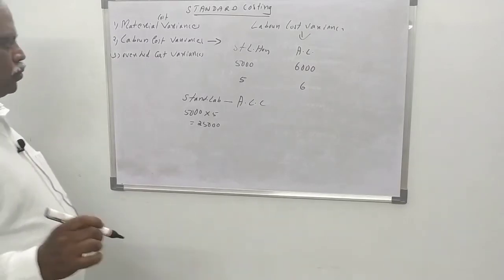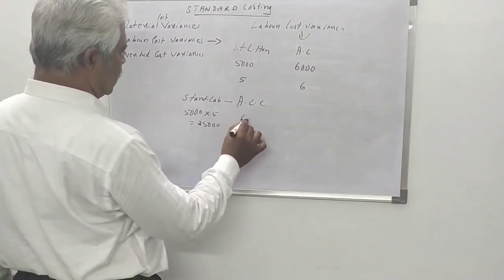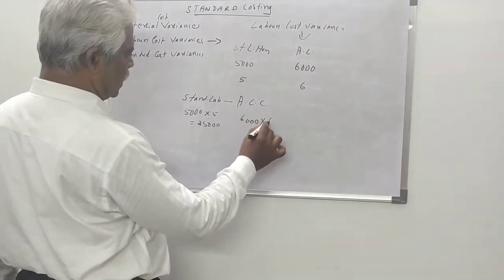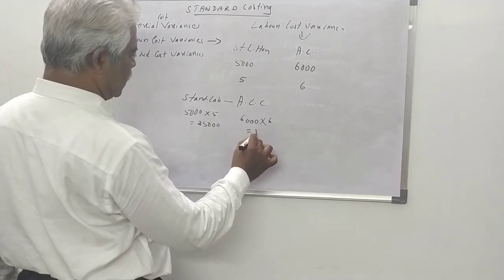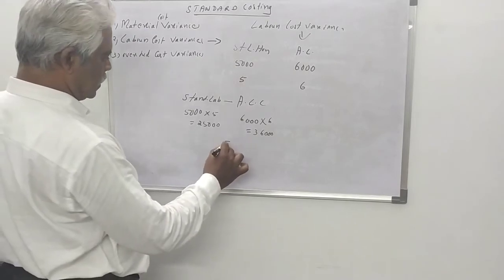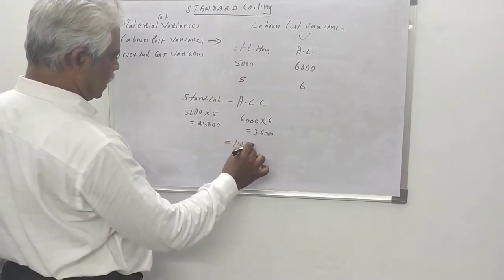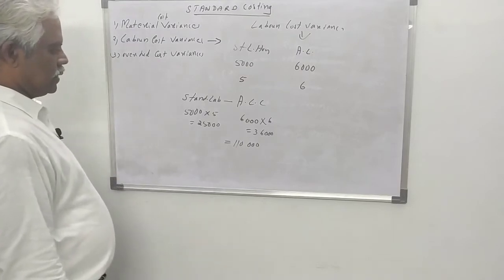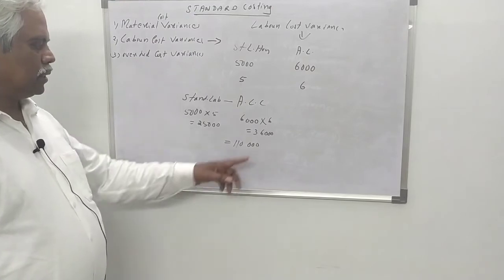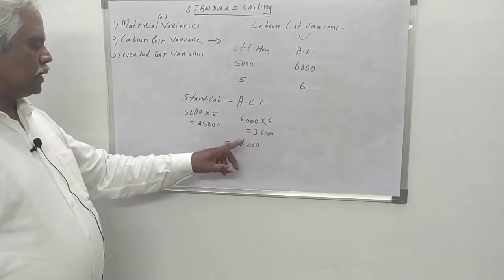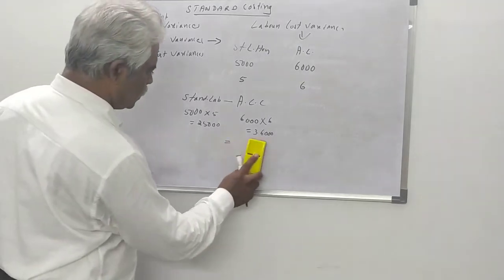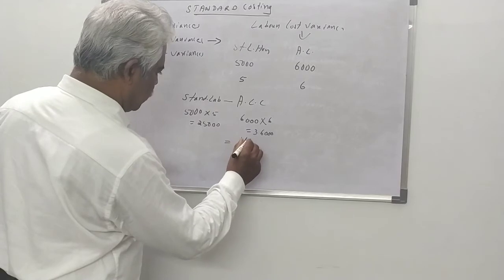What is the actual labor cost here? 6,000 labor hours worked, rate per hour 6, that comes to 36,000. The difference is 36,000 minus 25,000, that is equal to 11,000. This is the labor cost variance.